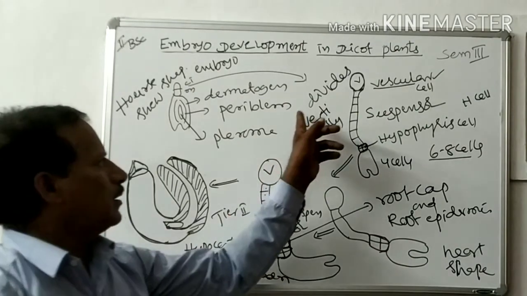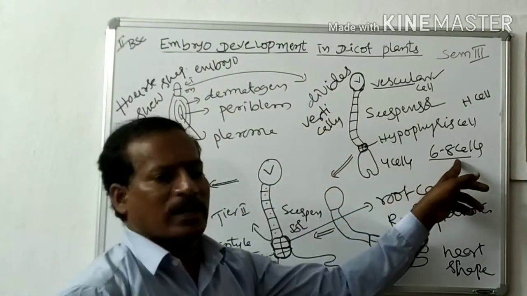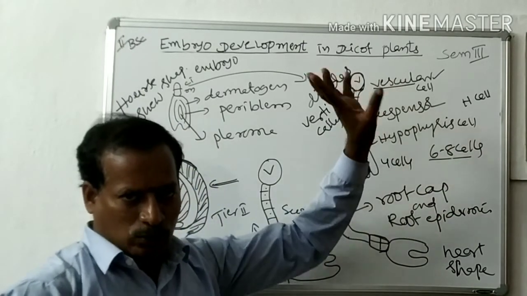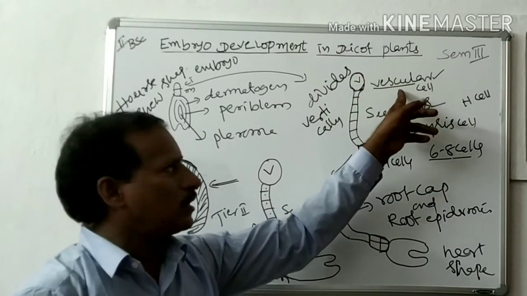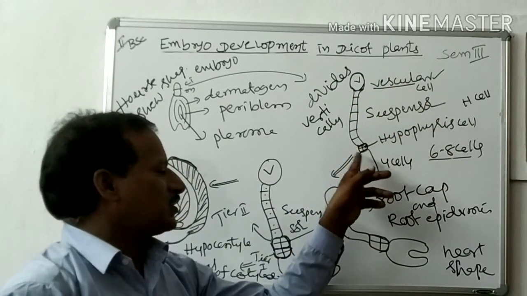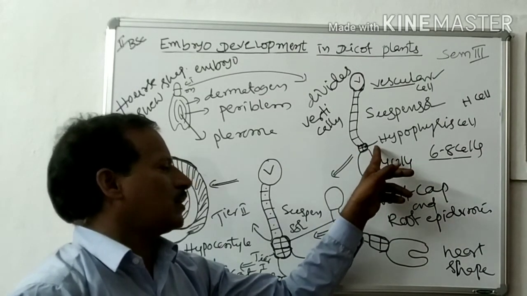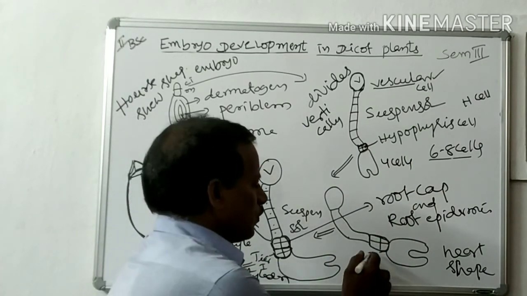Okay, once again, the M and Ci cells divide vertically and give rise to 6 to 8 suspensor cells, and one cell is swollen, very big in size. So that is the vesicular cell, and one cell is attached to the embryo, that is an H cell or hypophysis cell. The hypophysis cell divides vertically and longitudinally, giving rise to 4 cells.